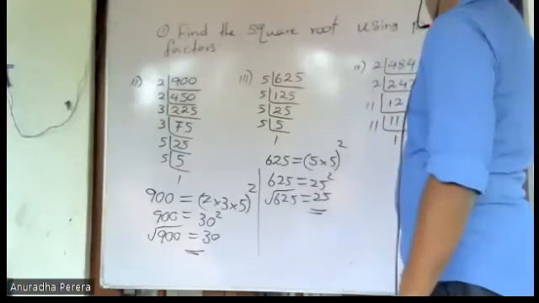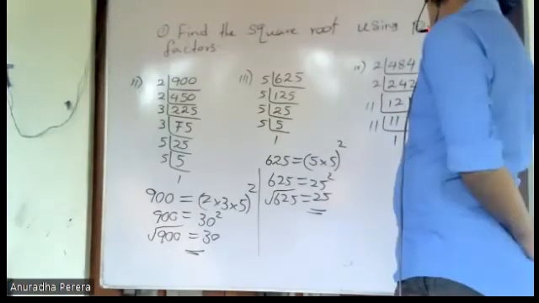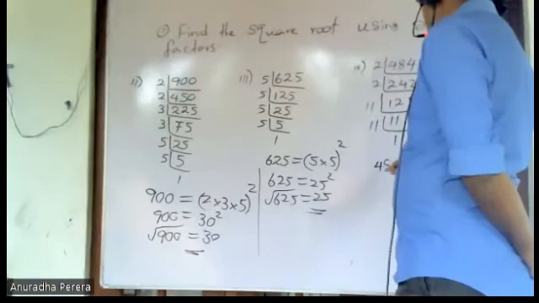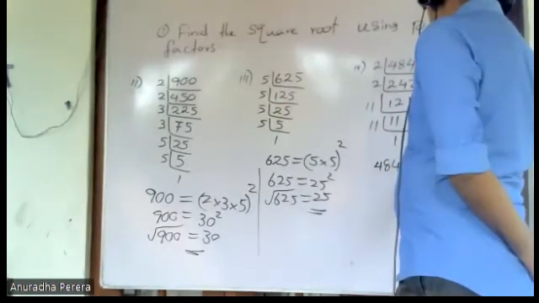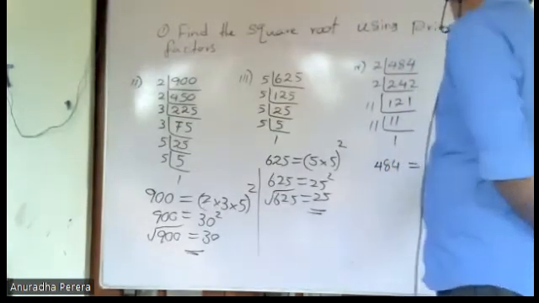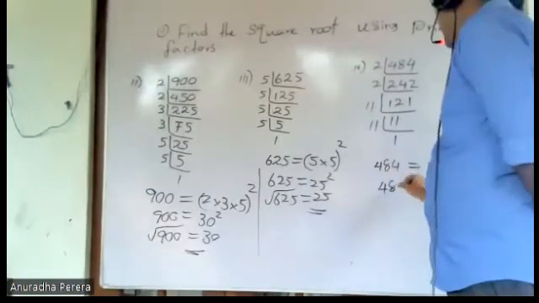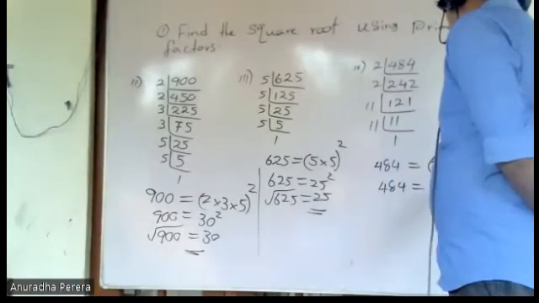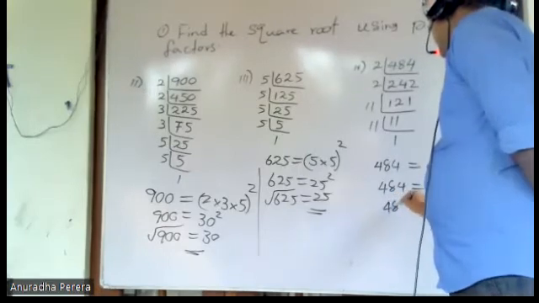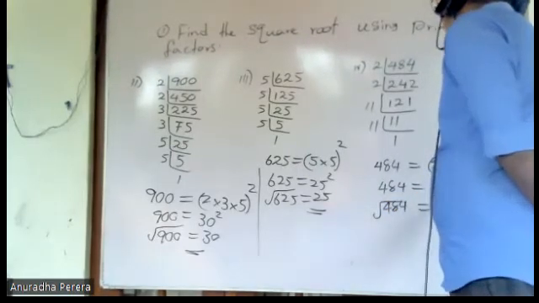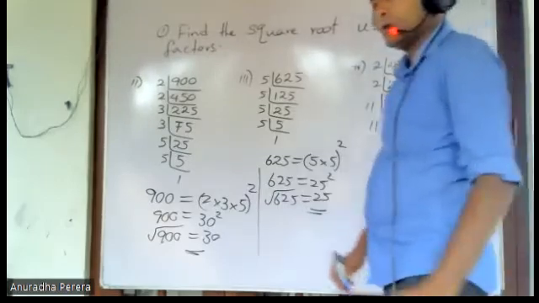Again by 11, 1. Then 484 equals 2 times 11 into 2 times 11, which is 22 to the power 2. The square root of 484 is 22. Very good.